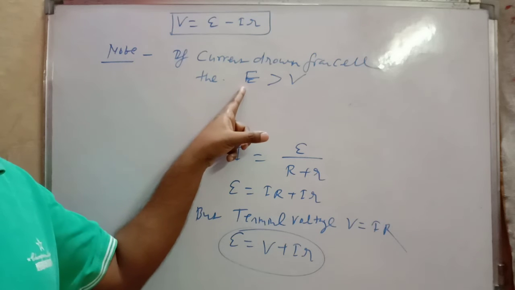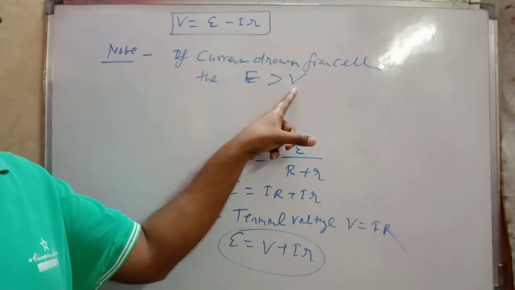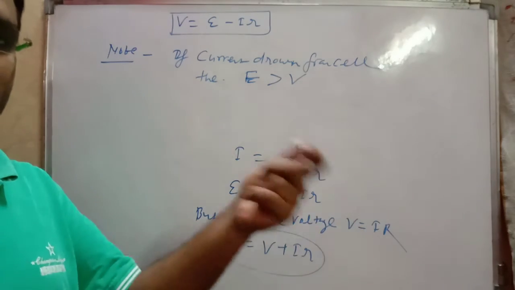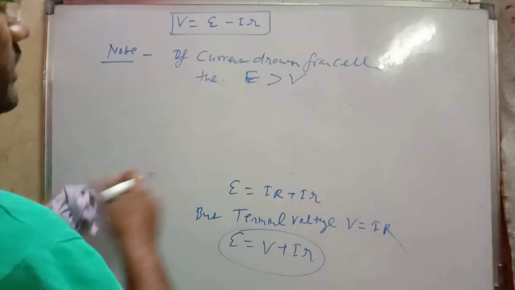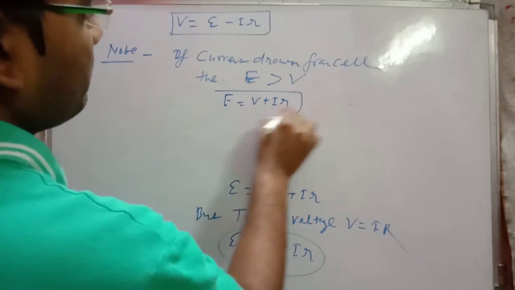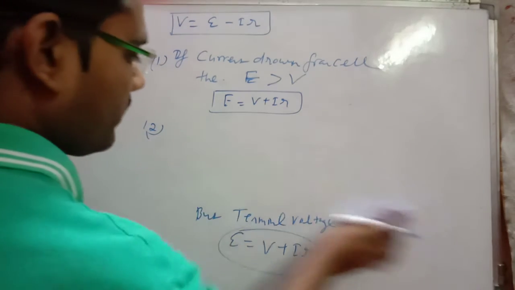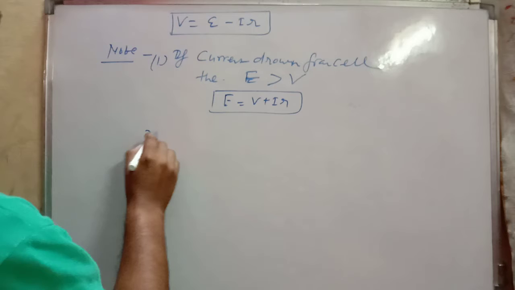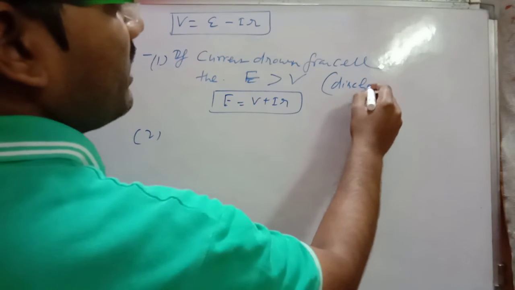If EMF of cell is greater than the terminal voltage of external circuit, then current flows from cell to circuit. In this case, E is equal to V plus Ir. This one is the second note. It is also known as discharging of cell.